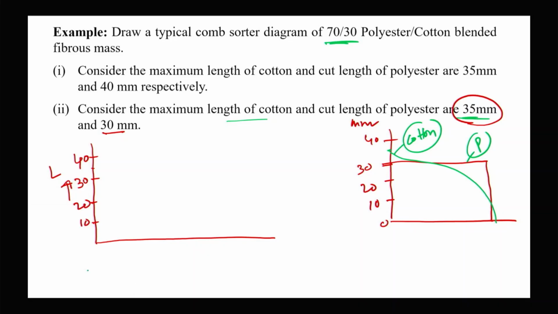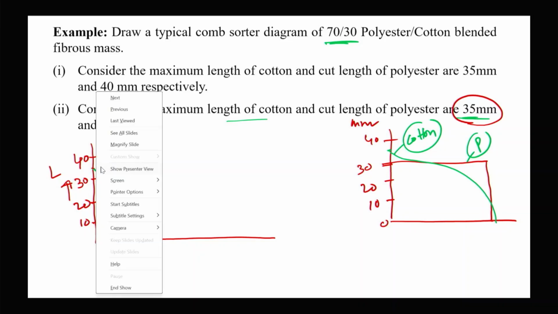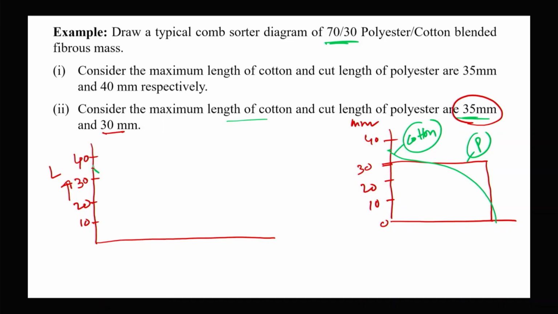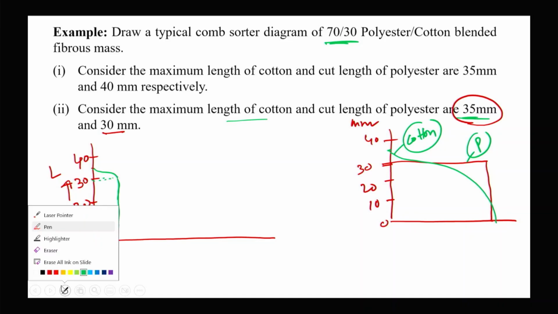So initially when we draw from the mass, we will start drawing the cotton till the cut length of polyester is reached, and then the polyester portion comes.